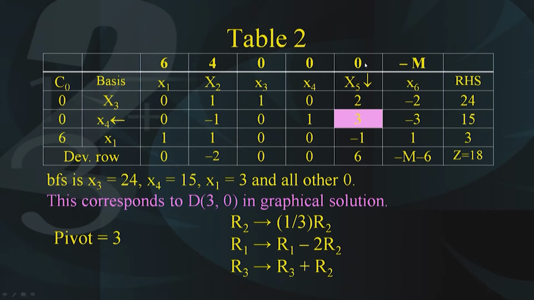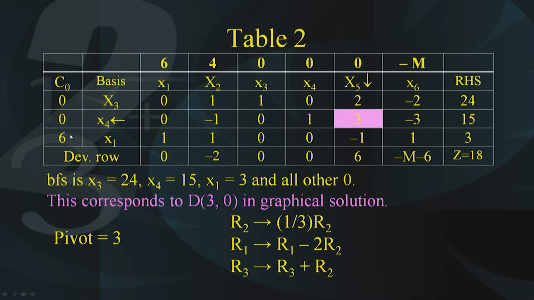Similarly for x5, 0 minus (0, 0, 6) multiplied by this vector comes out to be 6, and the last column, minus m minus (0, 0, 6) multiplied by (minus 2, minus 3, 1), comes out to be minus m plus 6.